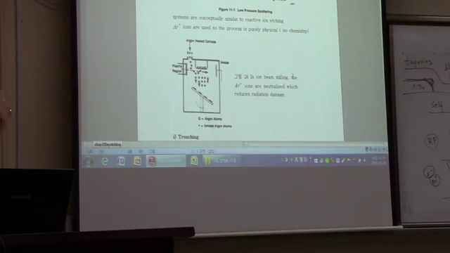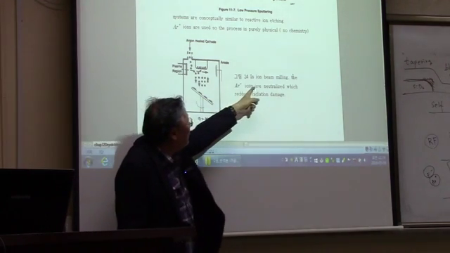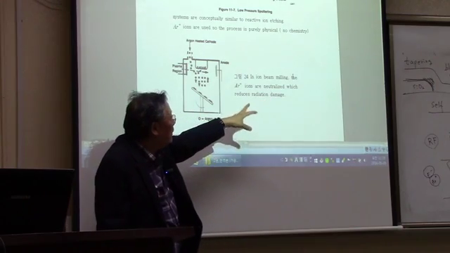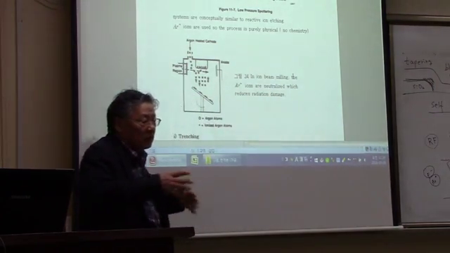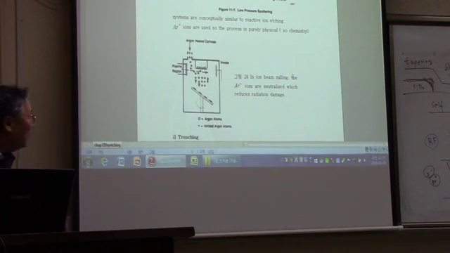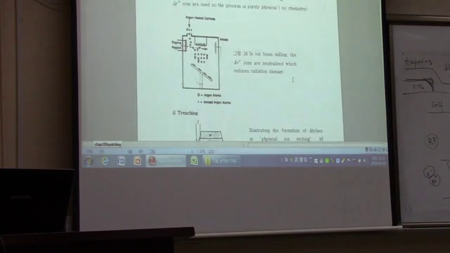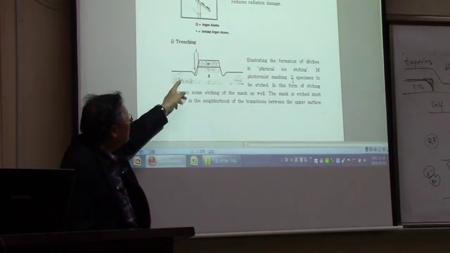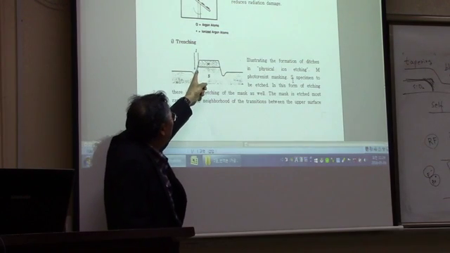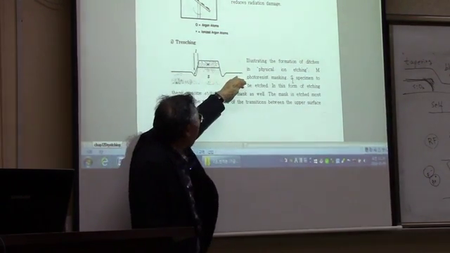And this is another way to look at it. The ion beam milling is basically the same thing. It's a sputter-off process. And in this case, we can have this trenching problem. We call this trenching. This is the material, and this is the surface.